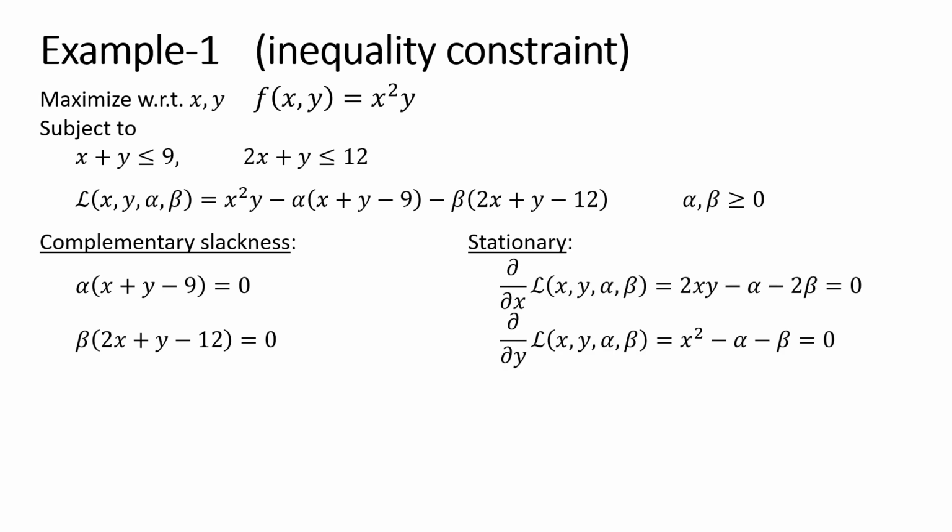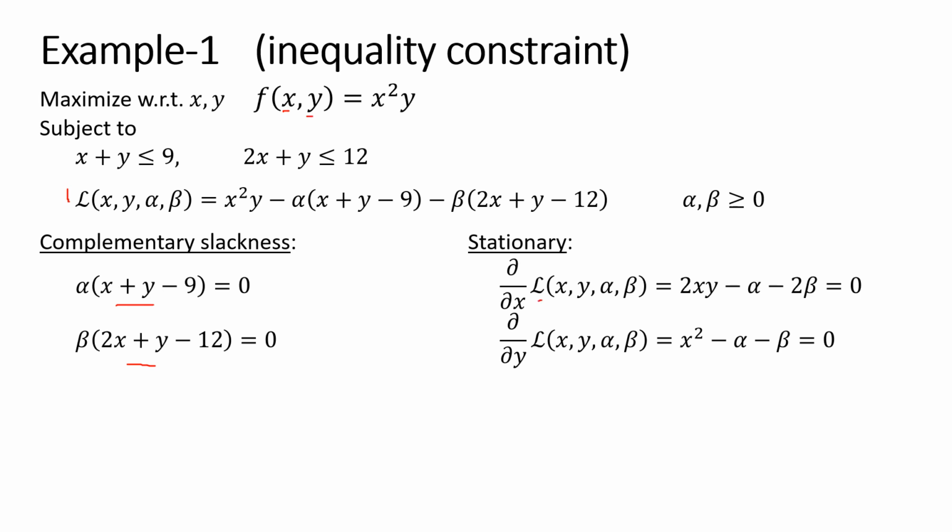Now back to our problem. The complementary slackness conditions are alpha times x plus y minus 9 equals 0, beta times twice x plus y minus 12 equals 0, and to get the stationary conditions, we differentiate the Lagrangian with respect to each primal variable, which in our case is either x or y.